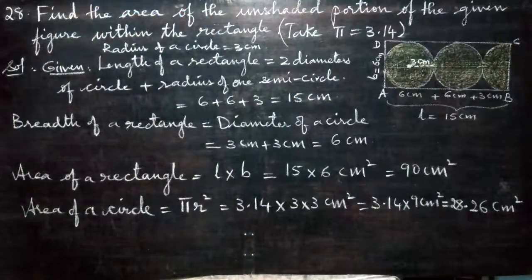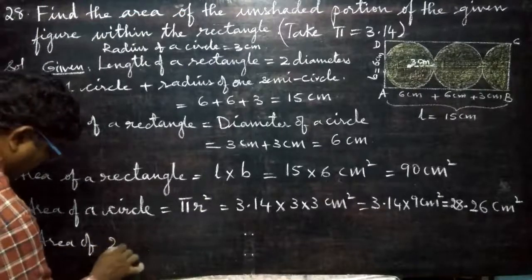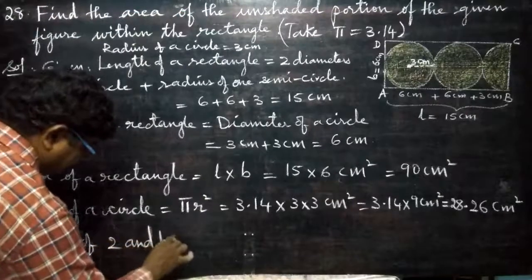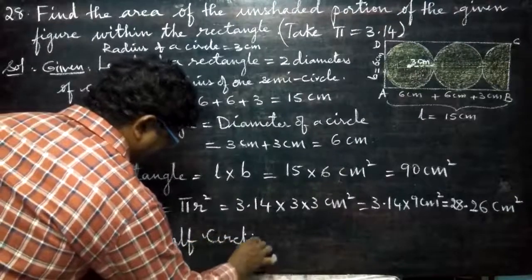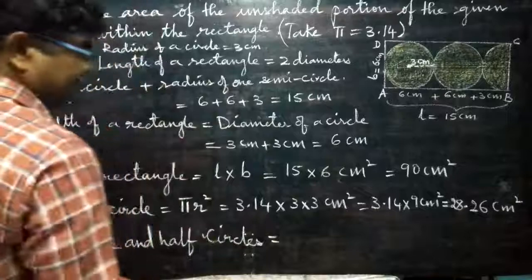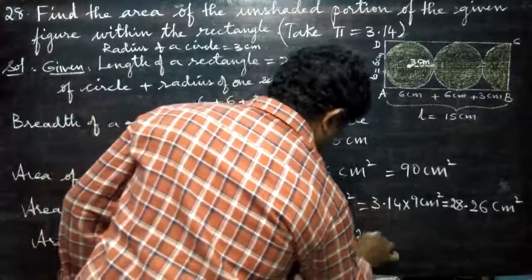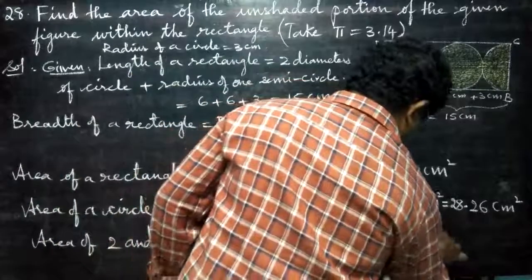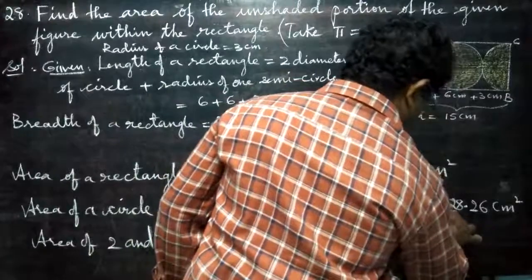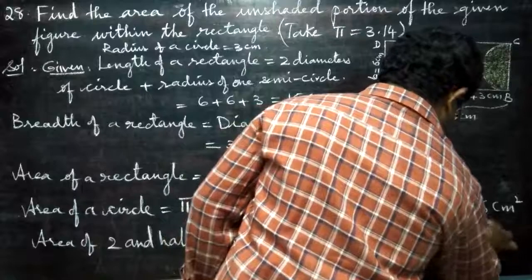So area of 2.5 circles is equal to 28.26 plus 28.26 plus half of 28.26, which is 14.13, centimeters square.